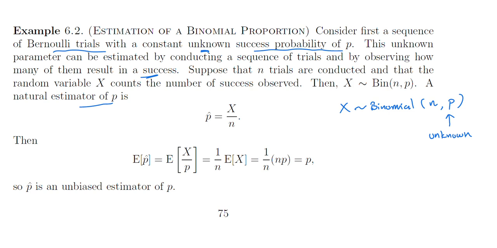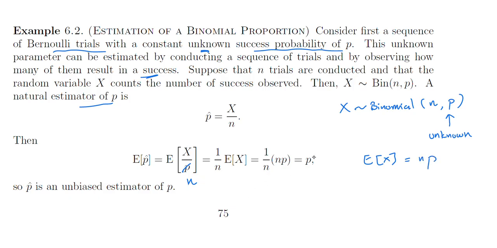To tell about the bias, we need to look at whether the expected value of p hat is equal to p itself. Now, the expected value of p hat is the expected value of x divided by n. And 1 on n can be pulled out from the expected value, as expected value is a linear operator, and we know for the binomial distribution the expected value is n times p.